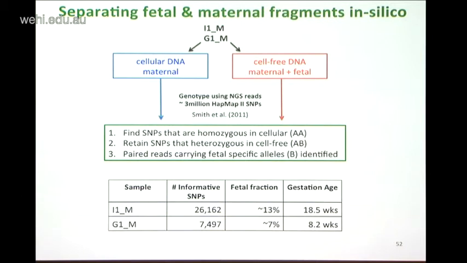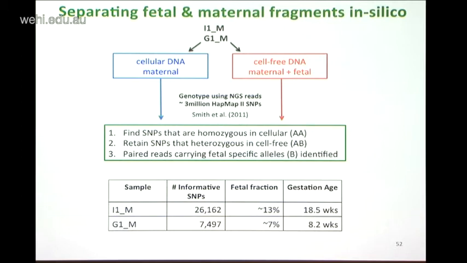If you use the reads to genotype on known SNPs, we can find the SNPs which are homozygous in cellular DNA, where the mother has the AA genotype, and then find the same SNPs which have a heterozygous genotype in cell-free DNA, which means the fetus is bringing along the B allele from the father.